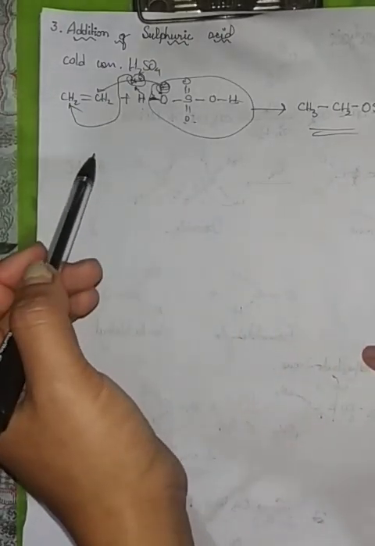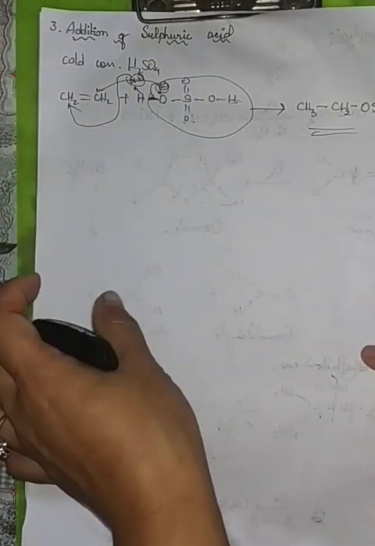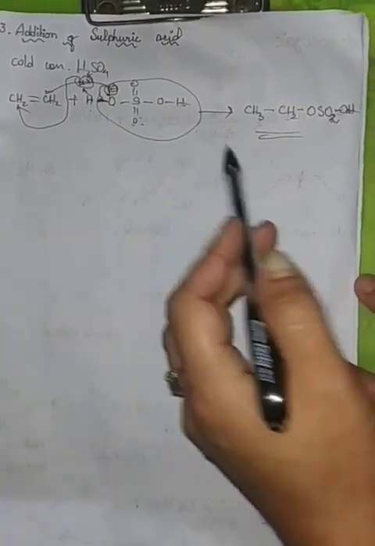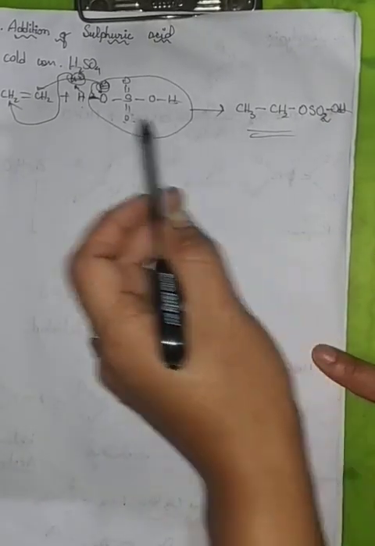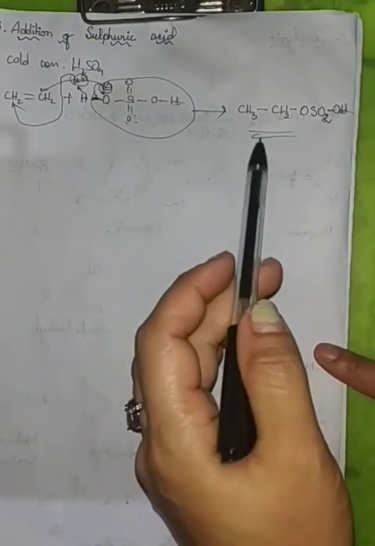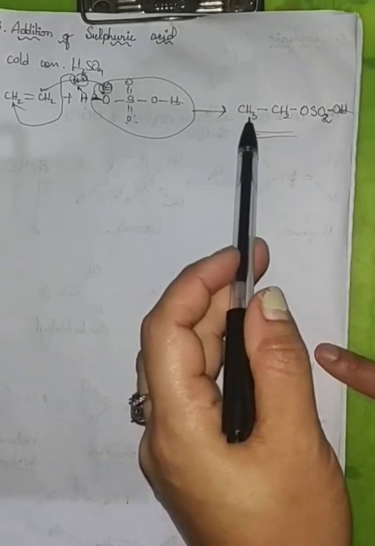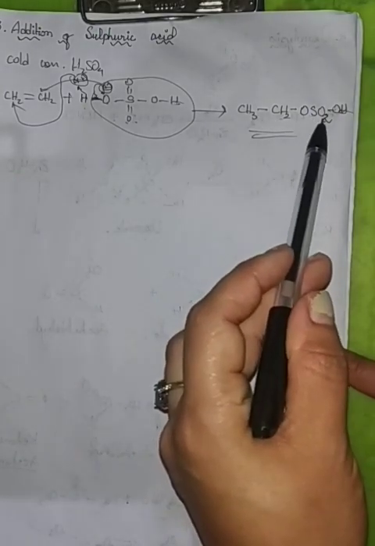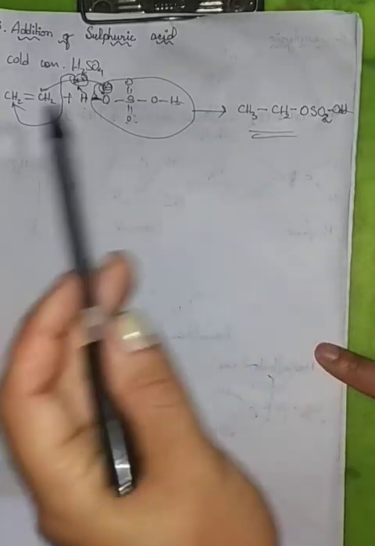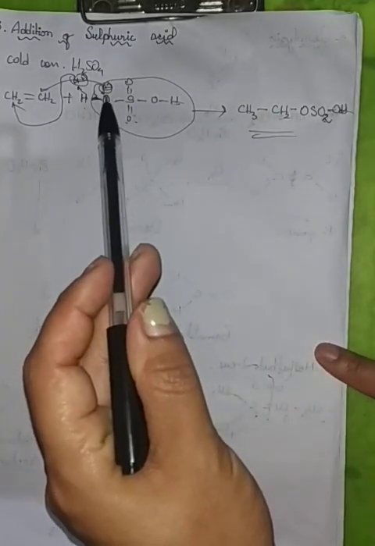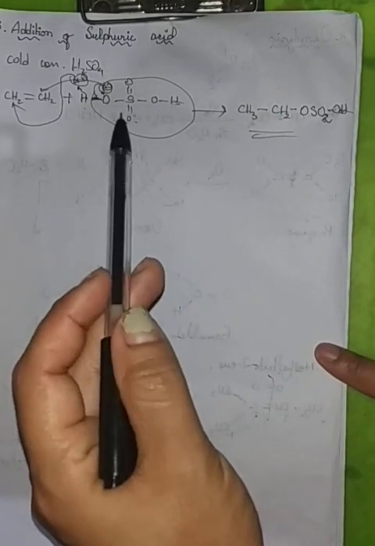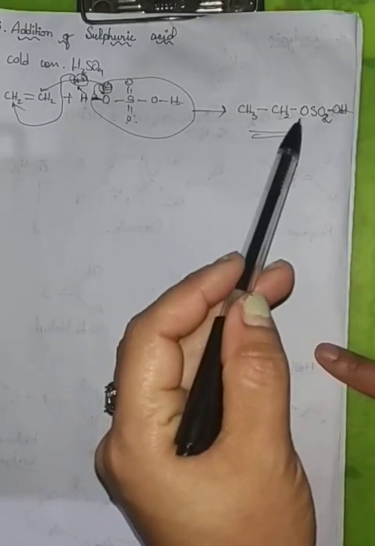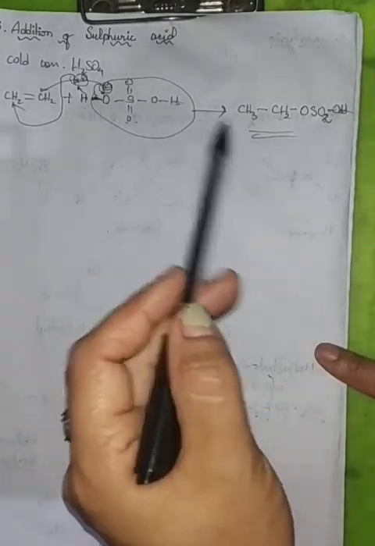Since it has come and bonded up with the first hydrogen atom, and then CH2, and then SO2, O, it has bonded with this oxygen atom, and has bonded with the second carbon atom, therefore it would be SO2, and then our OH is here.